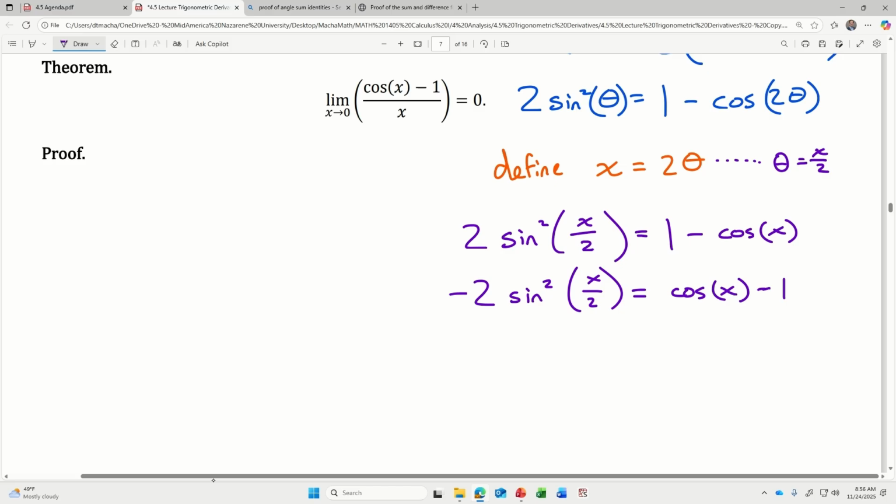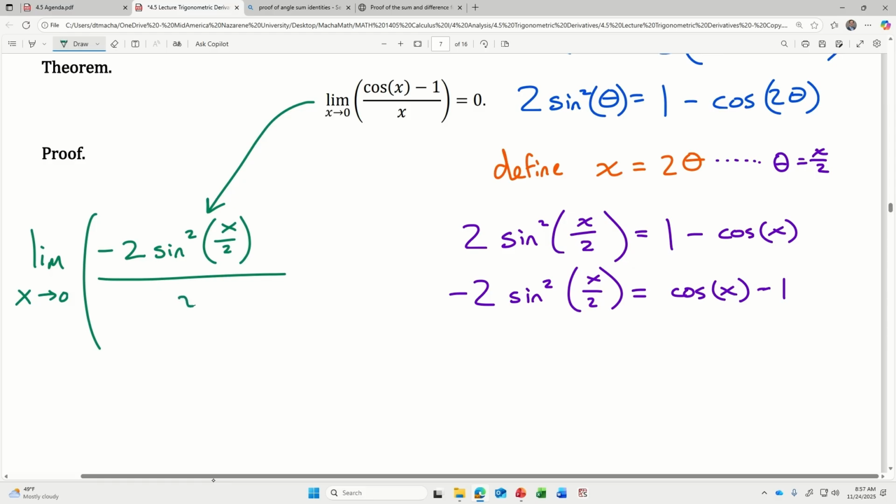So let's take that limit here. We are taking the limit as x approaches 0 of negative 2 sine squared of x over 2 divided by x, because I'm using that trig identity to replace cosine of x minus 1 with negative 2 sine squared of x over 2.